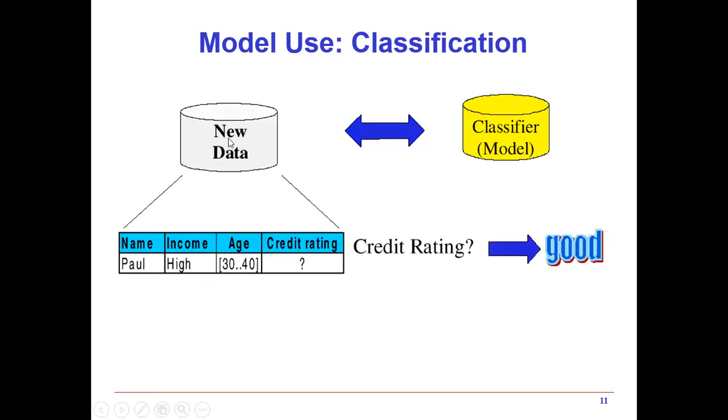Now, what is the use of this classification model? It is basically used for classifying new data. Now new data comes, the income is given as high, the age is 30 to 40, and you have to give the credit rating. Simply, we can say the credit rating is good.